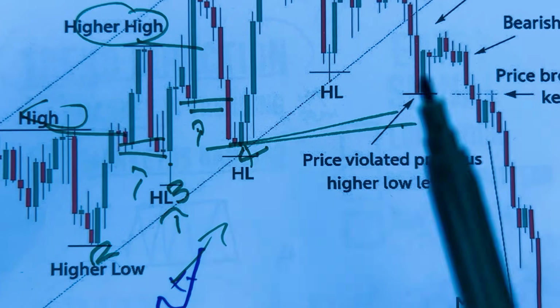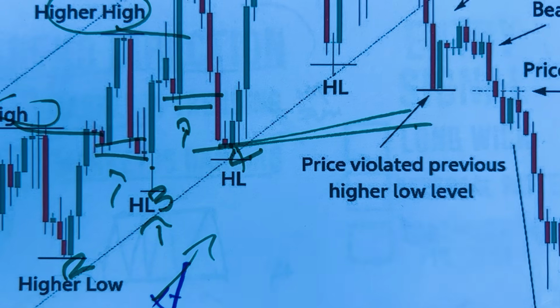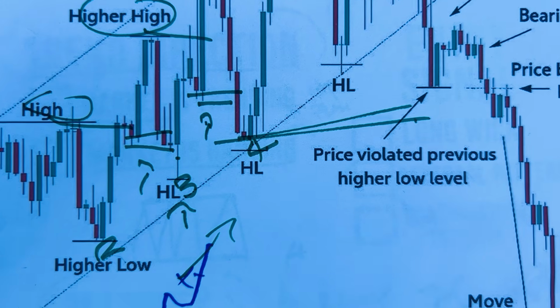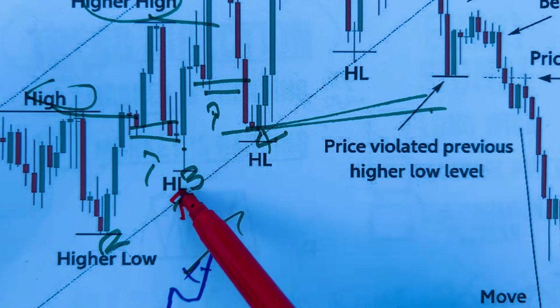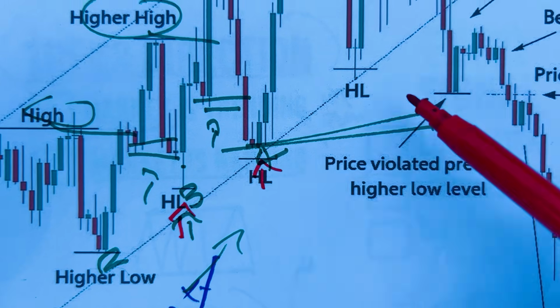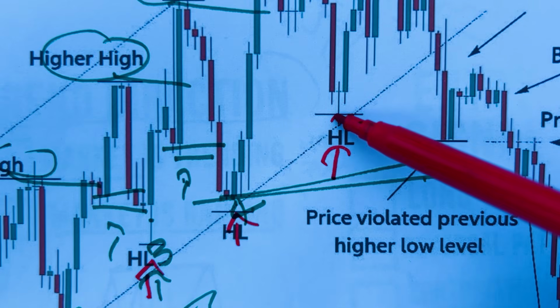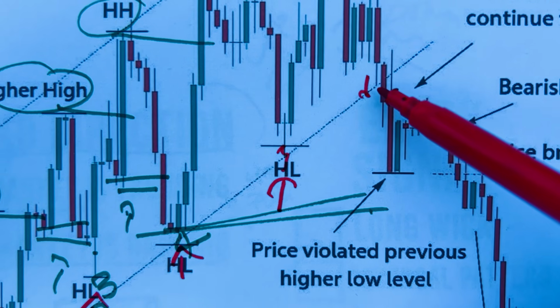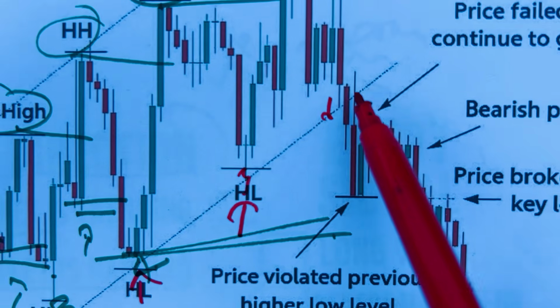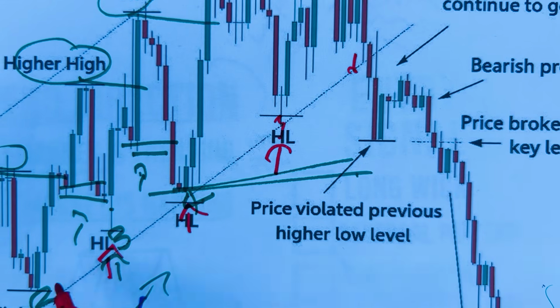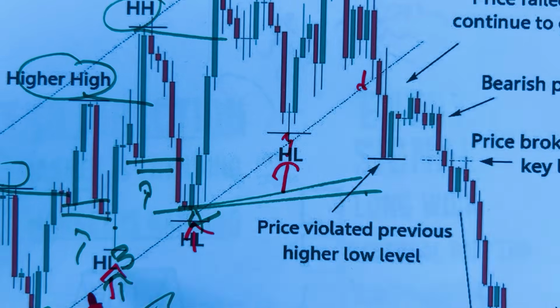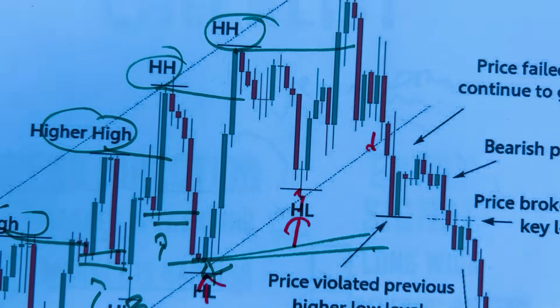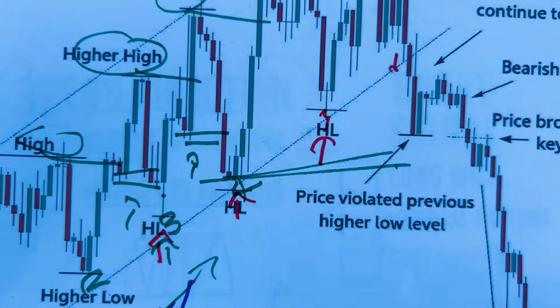On number 3, this is where you're starting to look to buy, because you know the market is trending up. Number 4, you're looking to buy. Number 5, you're looking to buy. Number 6, you're looking to buy. But then it breaks your main trend line. So if you like to trade using the trend line, you can use the trend line.